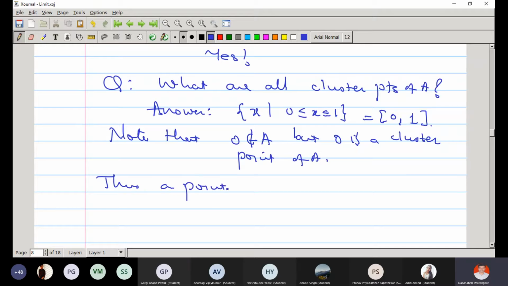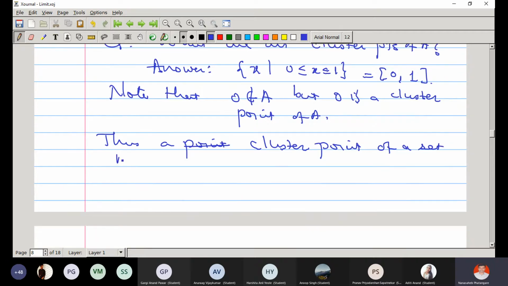A cluster point of a set may not be a member of the set. May or may not, right?